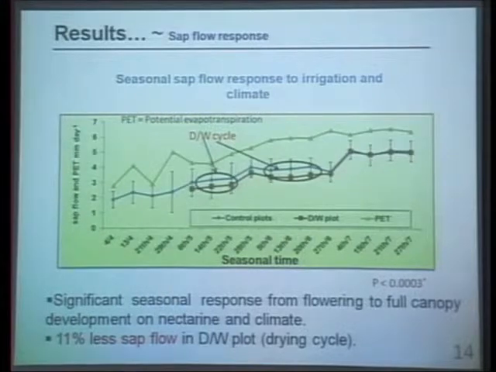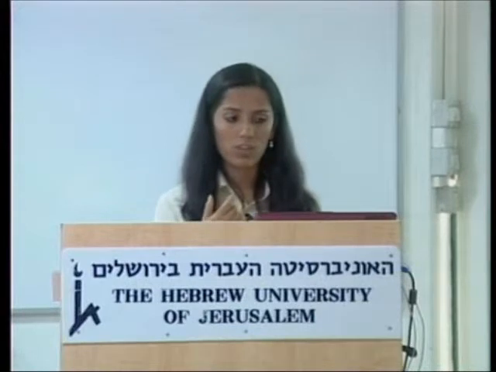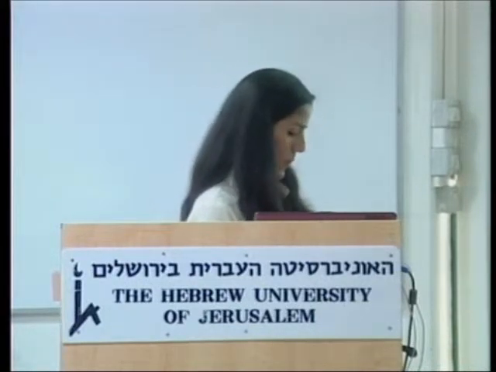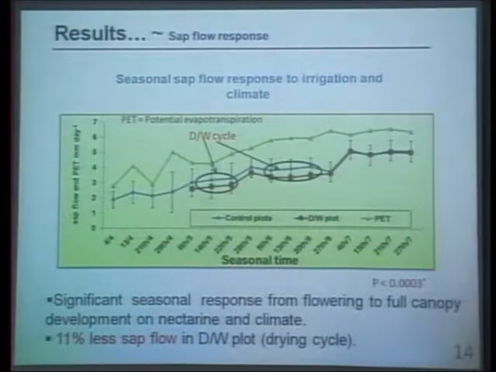A significant seasonal response from flowering to full canopy development of nectarine to irrigation and climate was observed, and we found a significant difference, with a p-value of 0.003, between the sap flow in the control and drying plots. And over the entire season, we found nearly 11% less sap flow in the drying and wetting plot as compared to control.